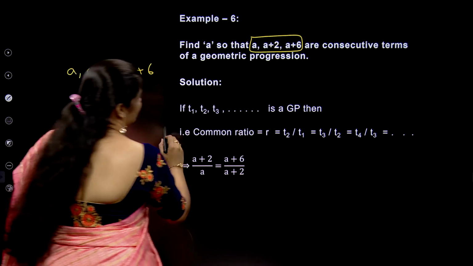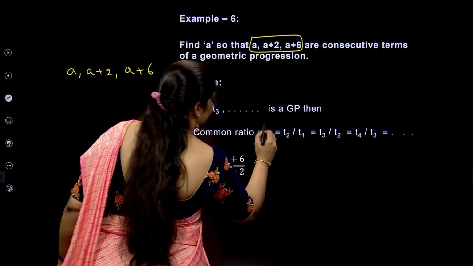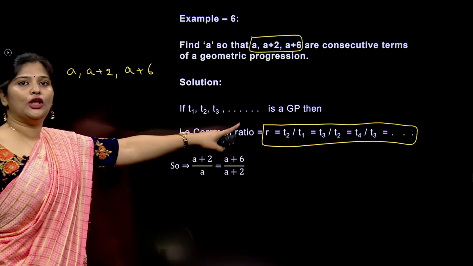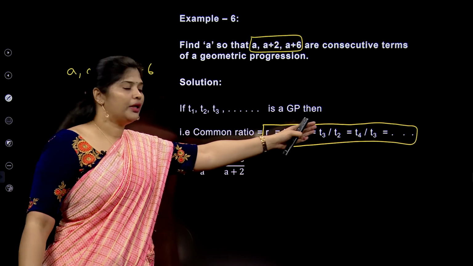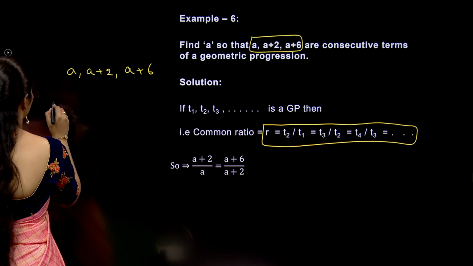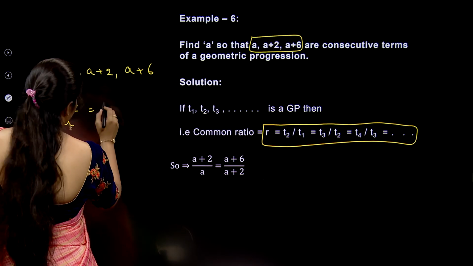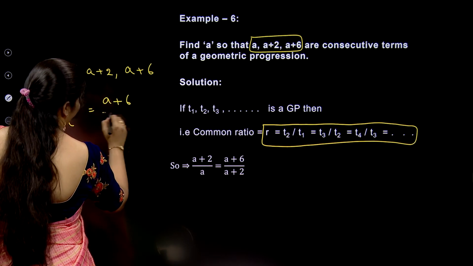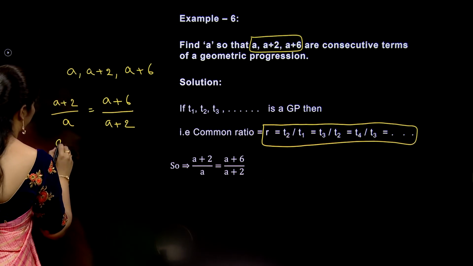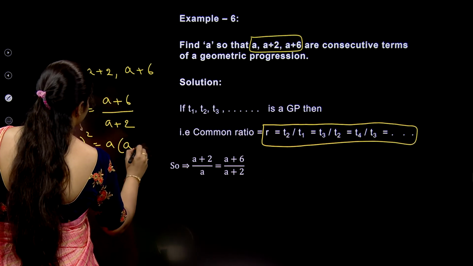Now if T1, T2, T3 are in GP, then the common ratio can be written as r equal to T2 by T1 equal to T3 by T2. T2 is a plus 2, T1 is a, T3 is a plus 6. Now a plus 2 whole square equal to a into a plus 6.